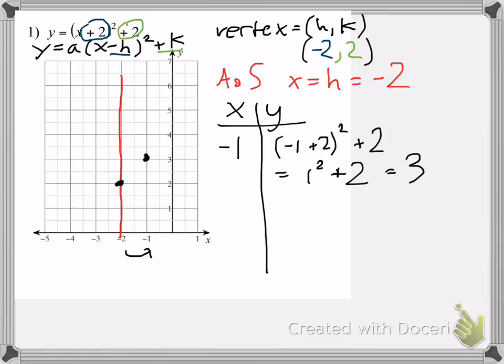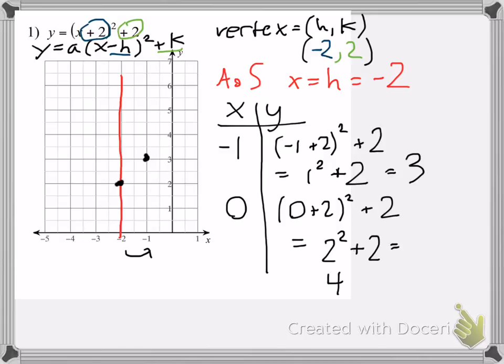So when x is 0, I have y is 0 plus 2 squared plus 2, which is 2 squared plus 2, which is 4 plus 2, which is 6. So when x is 0, y is 6. So let's put that point on my graph.